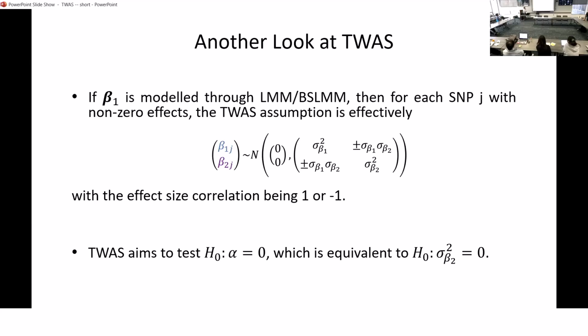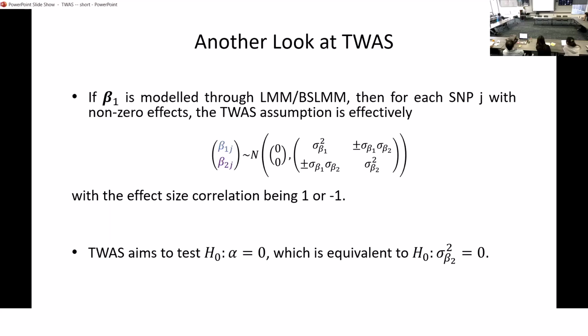And one step forward, it turns out that if you are able to make additional model assumption on beta-1 through, say, linear mixed model assumption or Bayesian sparse linear model assumption, then for each SNP-J with non-zero effects, the TWAS assumption you can also retain in this way. So you have the J-SNP effect on gene expression, J-SNP effect on the trait.